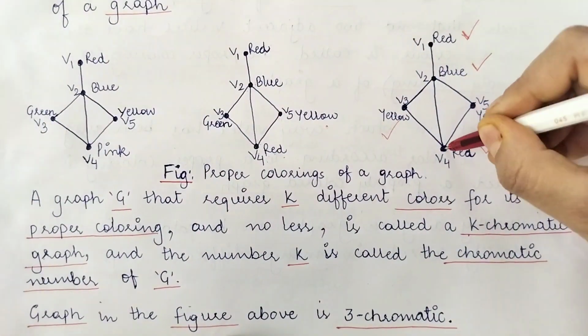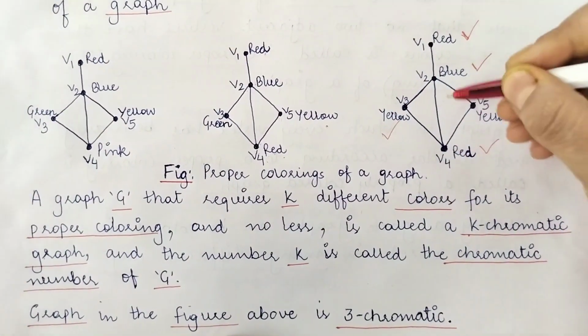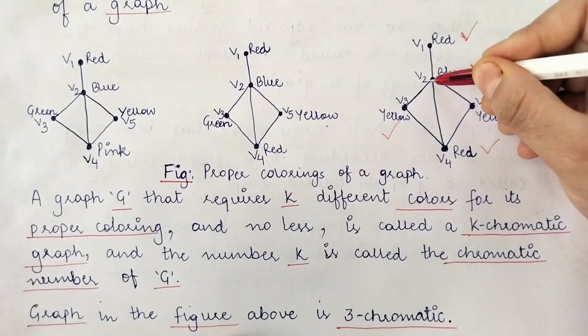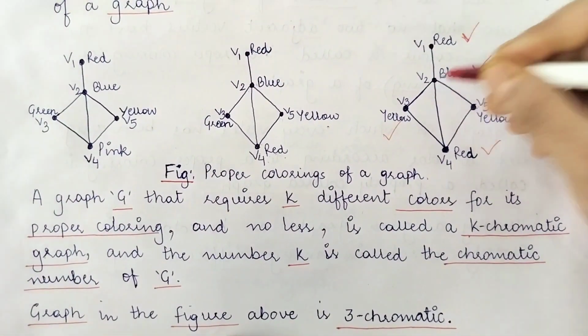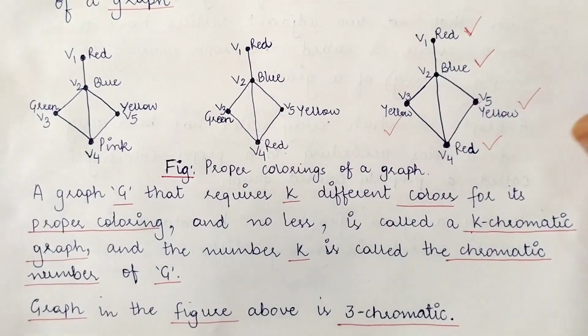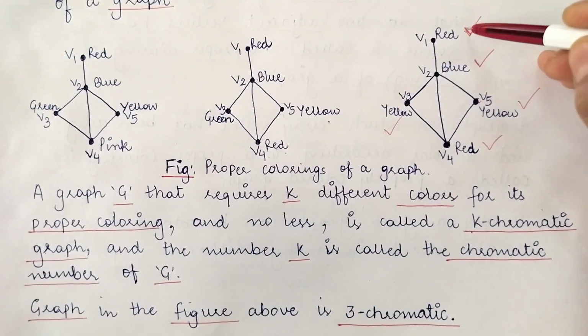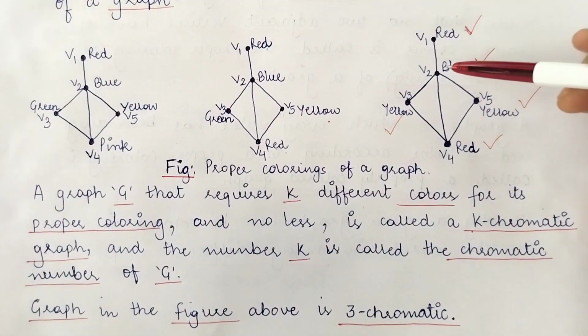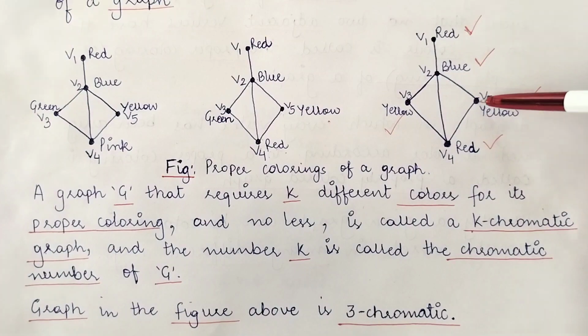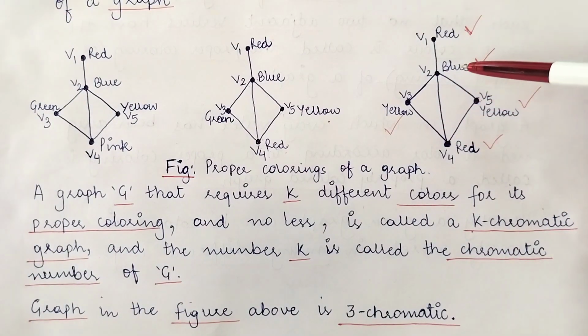Because this vertex cannot have the same color as these two vertices and this particular vertex, right? These two vertices cannot have the same color as this vertex. So seeing all the possibilities of different ways of coloring this graph, we found that 3 is the minimum number of colors that are required to do proper coloring of this graph.